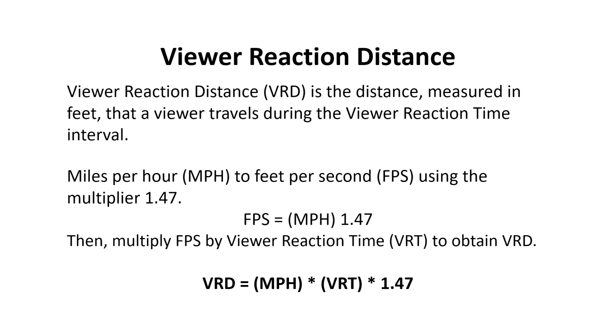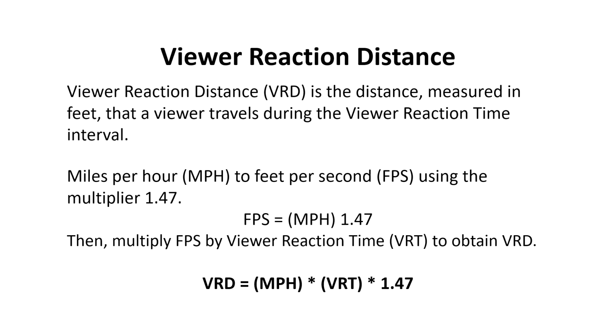Now coming to the viewer reaction distance. Viewer reaction distance is the distance, measured in feet, that the viewer travels during the viewer reaction time. It is critical for determining sign legibility and size. Viewer reaction time actually helps in establishing the initial detection distance between the viewer and the sign, influencing the required letter height for the message.